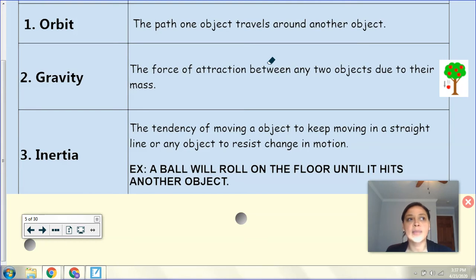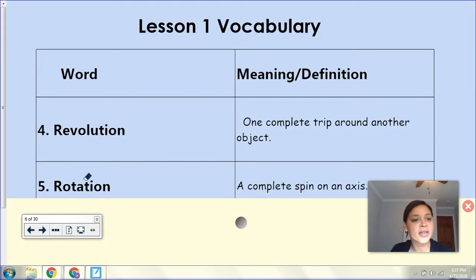If you take a ball and roll it across the floor, it's going to stay in that straight line until something else interferes with it. That basically is inertia. We're going to read about that in the text today, and Mrs. DeMarco is going to share with you in the next video lesson a short demonstration about gravity and inertia as well. So you'll get to see that.